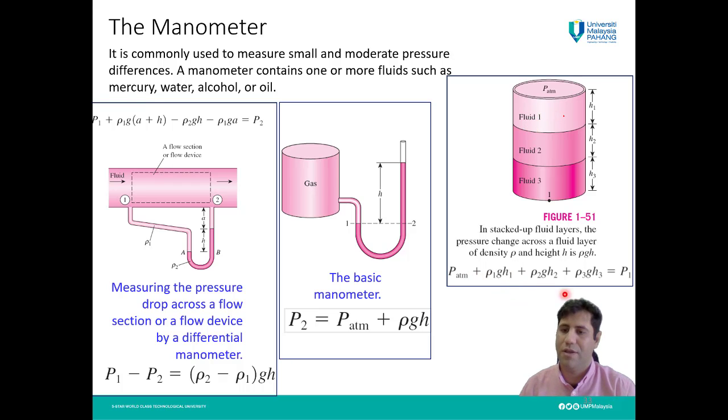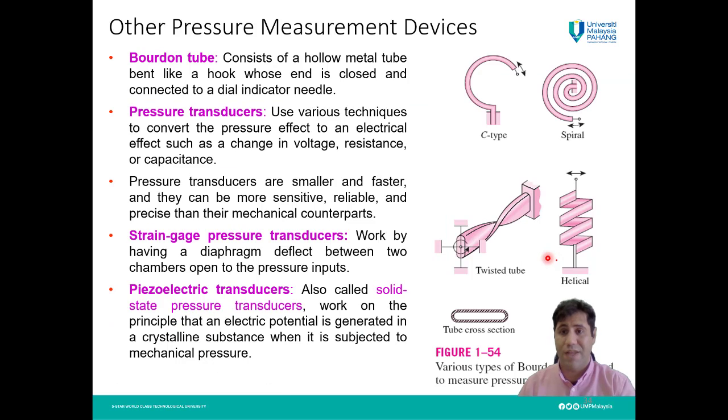Then we can find P1 at the bottom: we have P atmosphere on top, and we have the pressure increment due to the weight of the different fluids, and because they have different densities, this rho gh will be different for each. Finally, by this general equation, we can find the pressure at the bottom of that barrel.